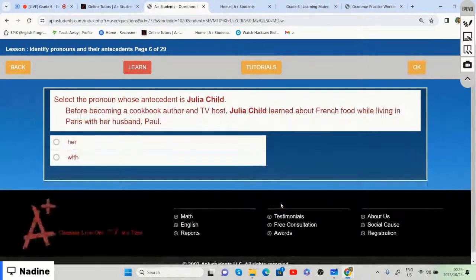We need to select the pronoun whose antecedent is Julia Child. Before becoming a cookbook author and TV host, Julia Child learned about French food while living in Paris with her husband Paul.